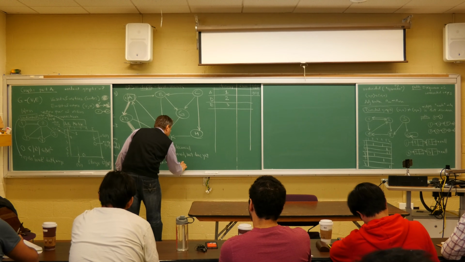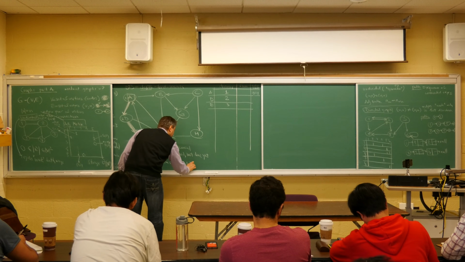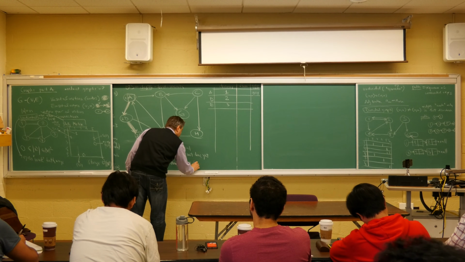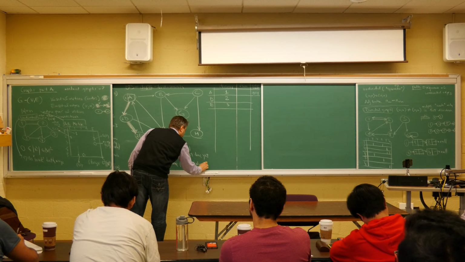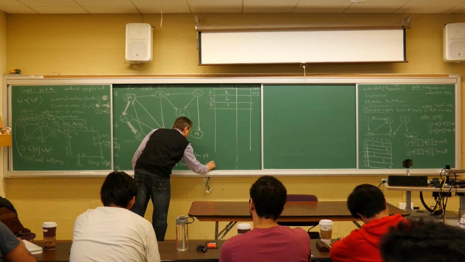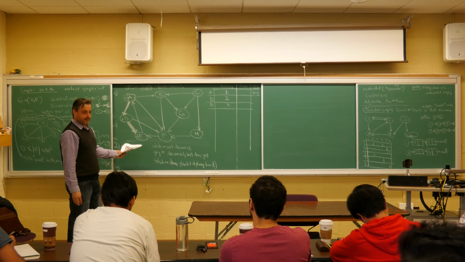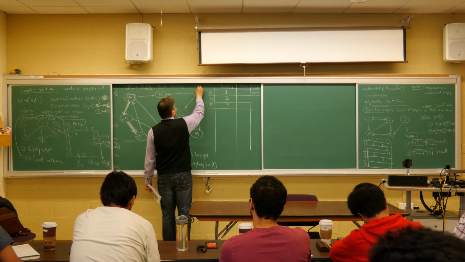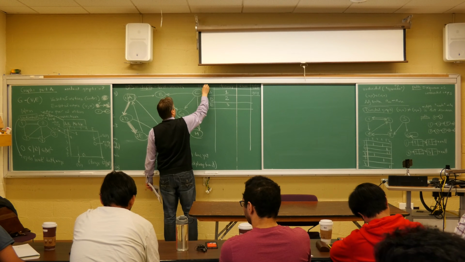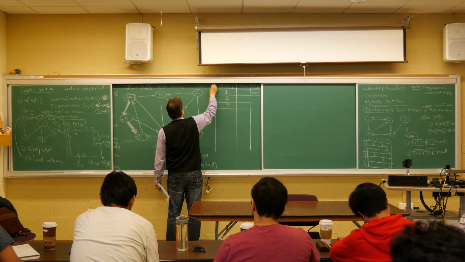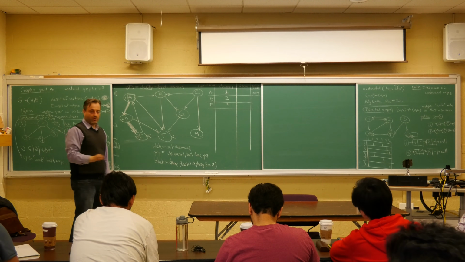So finished exploring from it. So initially, everything is white, right? So I start with init, all white. All nodes are white.